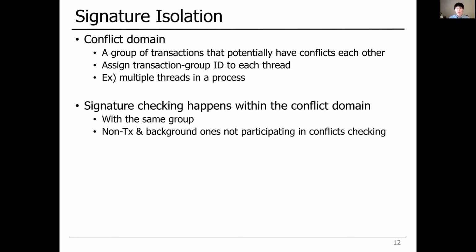Initially, each process has a unique group ID, and whenever a new thread is spawned, the thread inherits the same group ID by default. Since the conflict domain confines the signatures participating in the conflict checking, the possibility of false positives decreases. The signature isolation technique is particularly beneficial in virtualized or containerized environments, where durable transactions are consolidated with other processes.